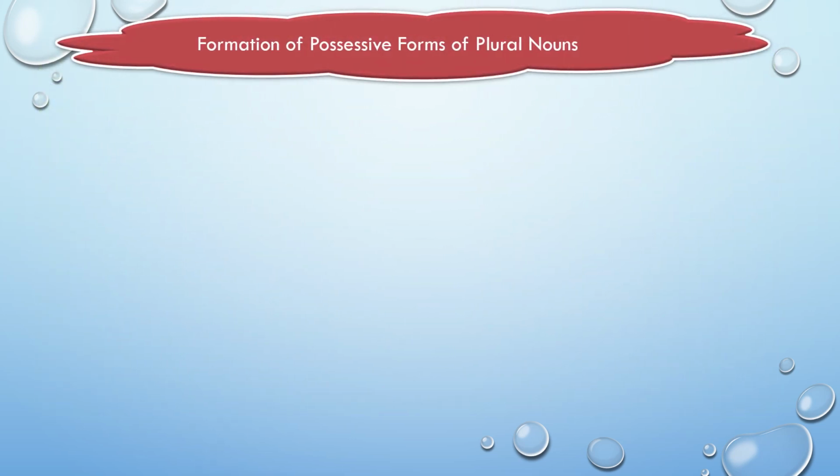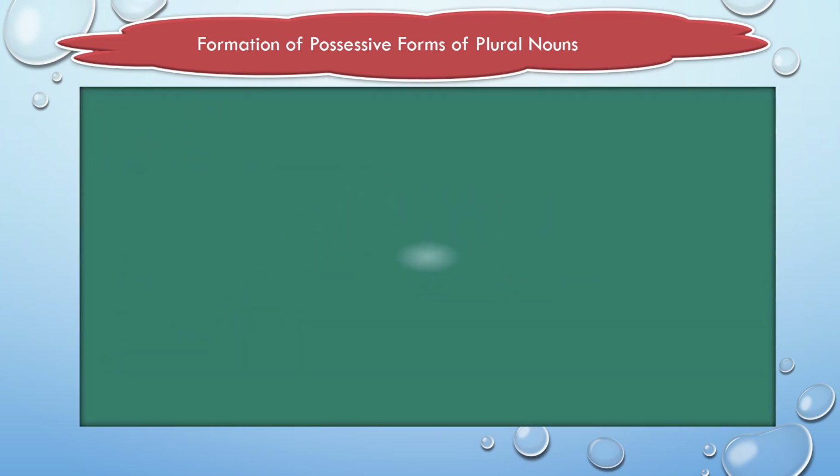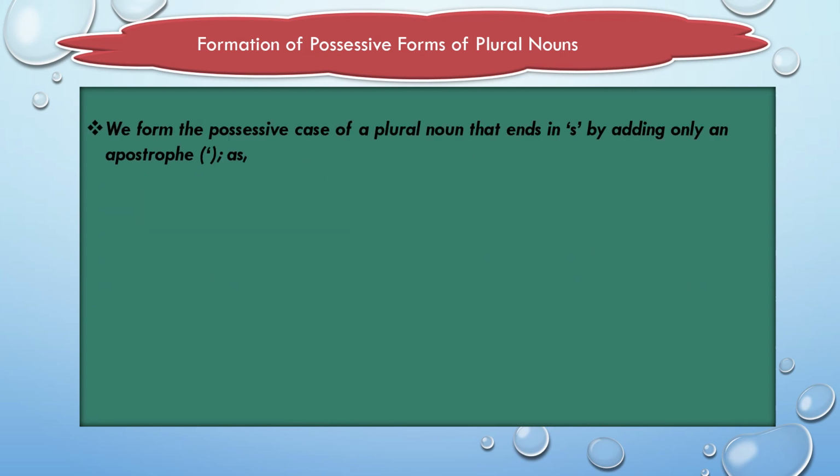Now children, let's learn about the formation of possessive forms of plural nouns. See how to form the possessive case of plural nouns. We form the possessive case of a plural noun that ends in s by adding only an apostrophe.